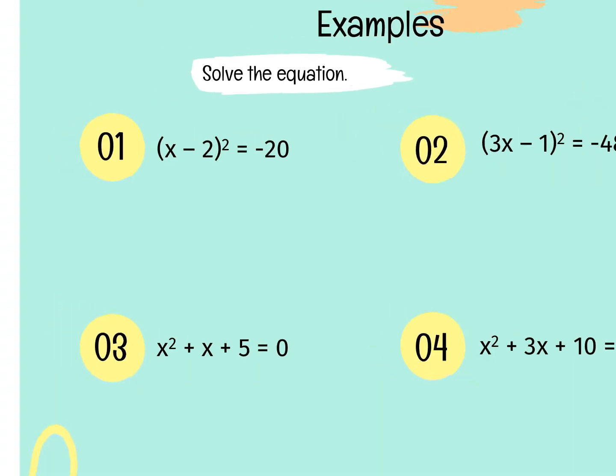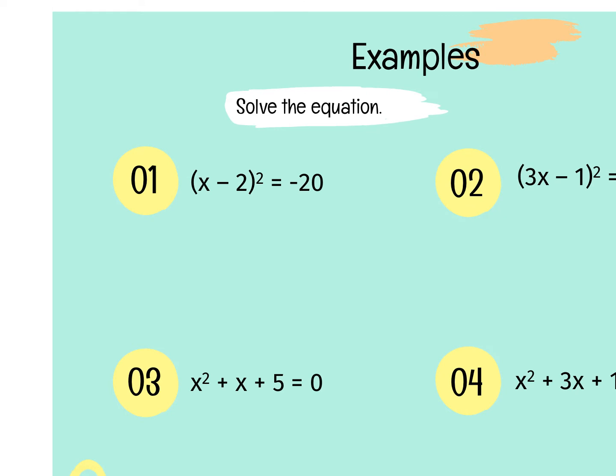First one, notice this one is set up nice and pretty to do the square root method or the even root method. So what I'm going to do here is square root both sides of my equation, because remember, your first step is always to isolate the squared term. And this was already set up where it was isolated. So remember, whenever you square root a square, this just comes out.